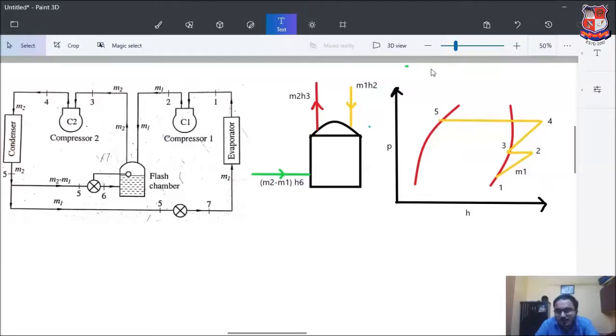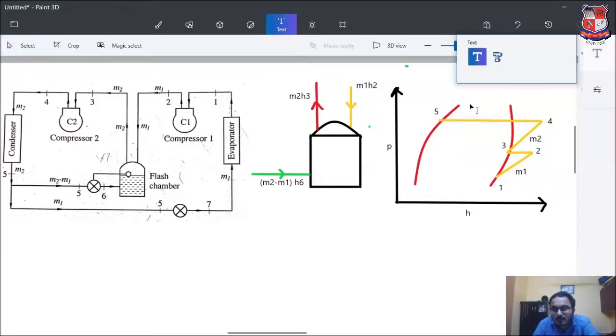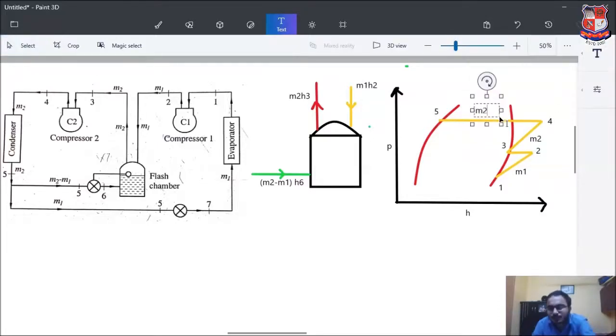One more thing I wish to point out here, that this mass will be M2, and this is also our M2. However, here if you see, we are only allowing some portion to go into first expansion, that is M2 minus M1.